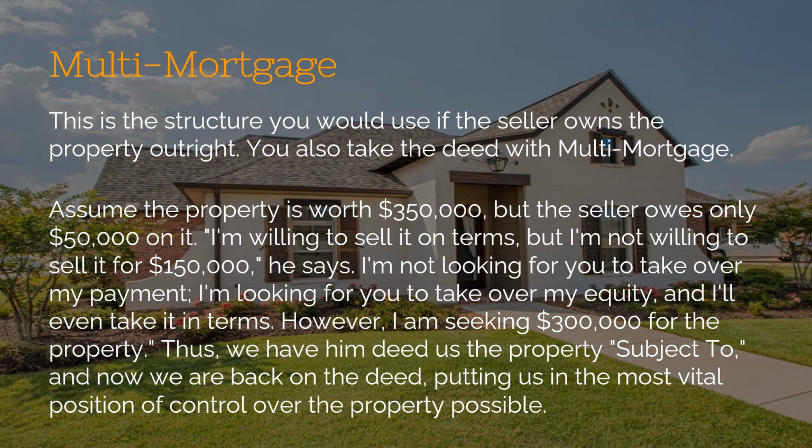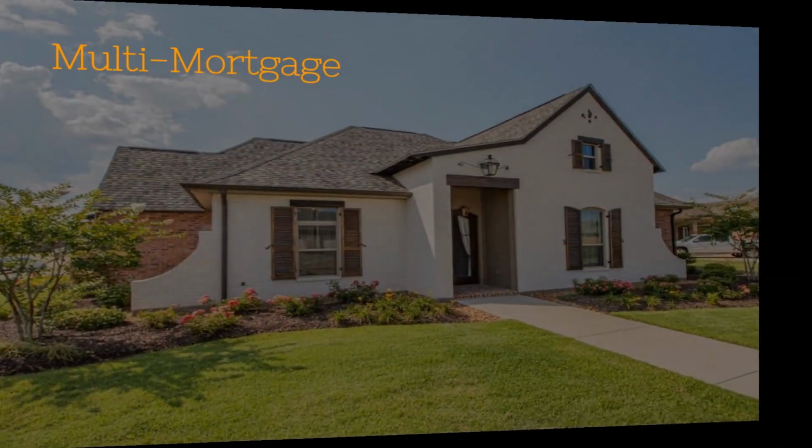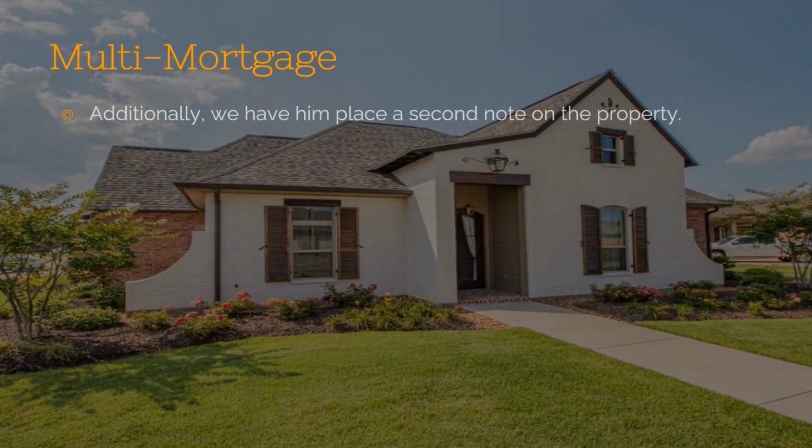Thus, we have him deed us the property subject to, and now we are back on the deed, putting us in the most vital control of the property possible, which means there will be a first mortgage with the bank, which is $150,000, and his second of $150,000. Additionally, we'll have him place a second note on the property.